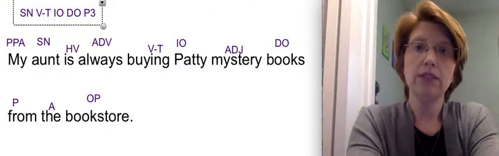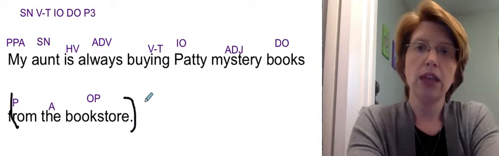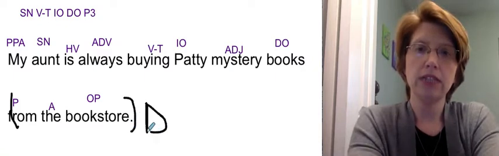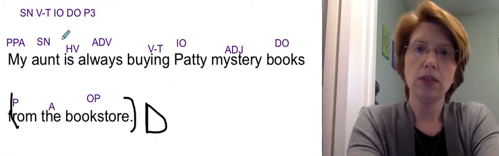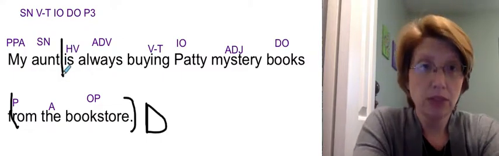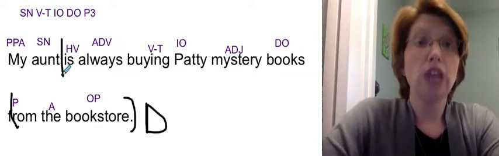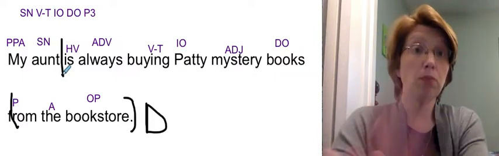Verb transitive, check again. From the bookstore, prepositional phrase, period, statement, declarative sentence. Go back to the verb, separate the complete subject from the complete predicate. Is there an adverb exception? Nope. Is this sentence natural or inverted order? Natural, no change. Okay, if you've checked your work, pause it, do number 2.